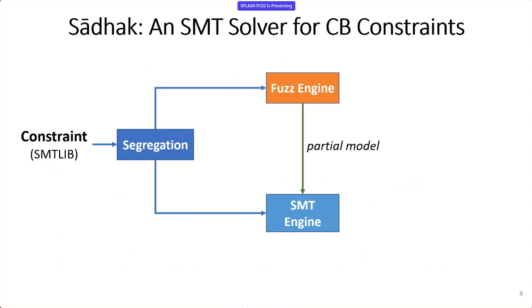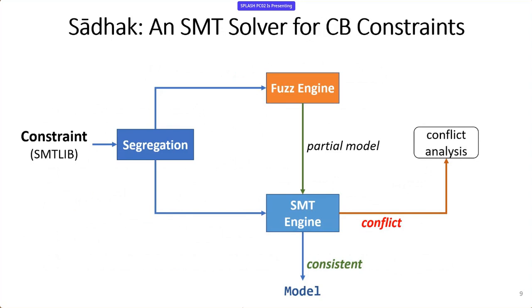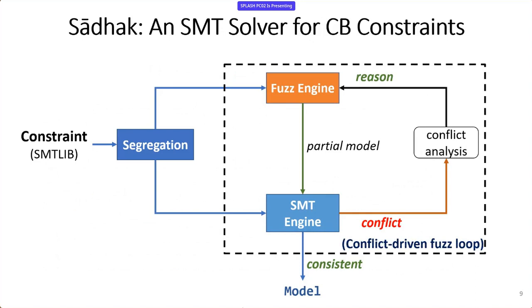Then the fuzz engine tries to find a partial model, which it sends to the SMT engine. If the SMT engine is happy with that partial model and all the constraints in the SMT engine are consistent with it, then we can just return that model. Otherwise, if it detects a conflict, we analyze it and propagate the reason why it was a conflict to the fuzz engine. The fuzz engine can go on finding a new partial model. We call this loop a conflict-driven fuzz loop.